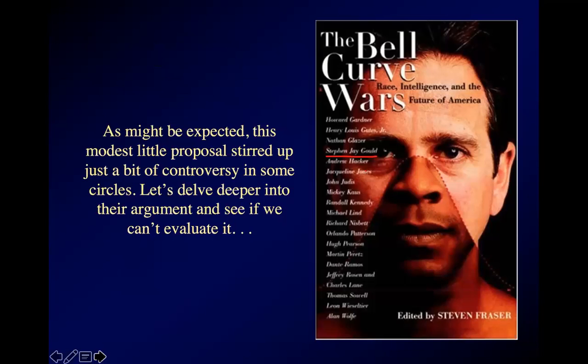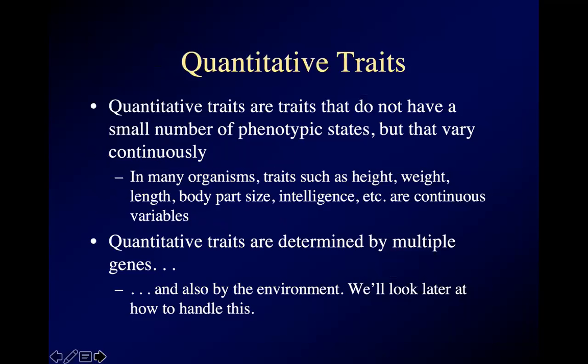But right now, I want to talk just a little bit about, in general, how we handle evolution and heredity of traits that are continuous instead of discrete. We call these quantitative traits. They don't have a small number of phenotypes, they vary across a range.